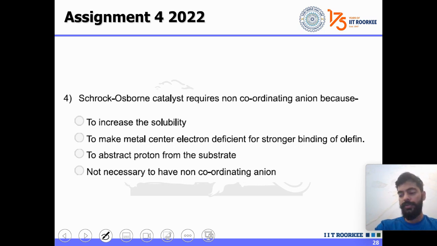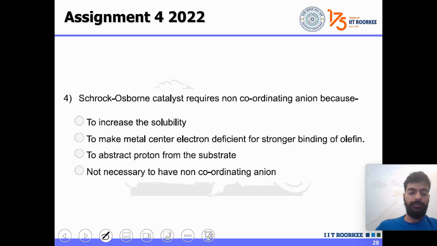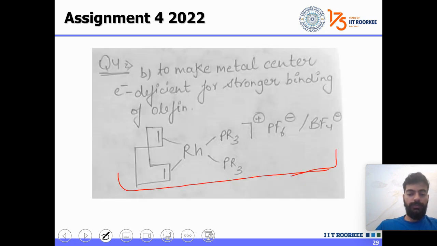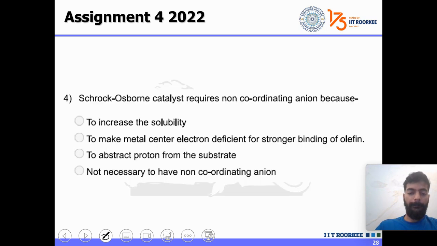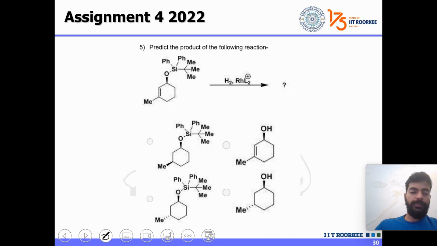Do we have an answer for this? Okay, let's move to the answer. To make the metal center electron deficient for the stronger binding of olefins. This is an example we are presenting here. Okay, let us move to the next question.